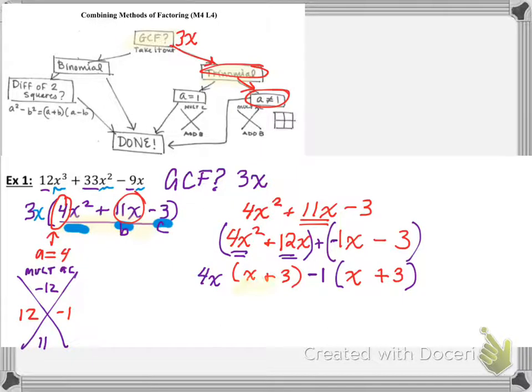Now, what do you know? If you look at these two binomials, they are the same, x plus 3, right? So if you imagine we have two terms here. This part is a little bit hard to visualize, but we have this first term here, which is the 4x times x plus 3, and then you have subtracted by another term, right?